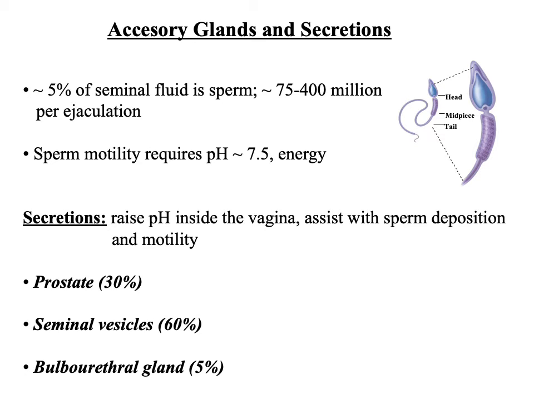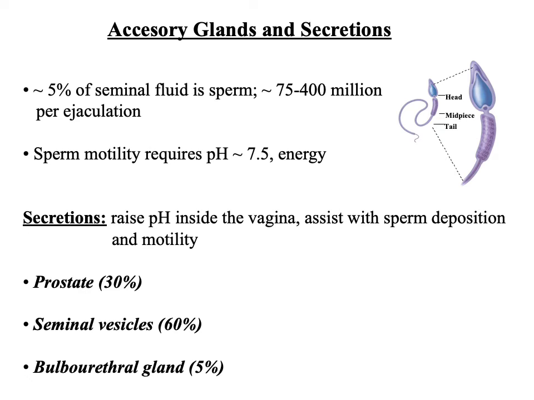Now, sperm motility, the ability for the sperm to move, is important because once they are deposited into the female reproductive tract, they need to swim up to the egg cell. The environment really needs to be suitable for those sperm to be able to move freely. One of the parameters that becomes important is the pH.